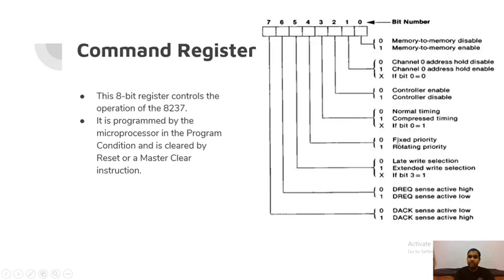The next bit is for fixed priority or rotating priority. The next bit is for late write selection or extended write selection, or is don't care if bit 3 is 1. The next two bits are for DREQ and DACK sense active high and sense active low signals.